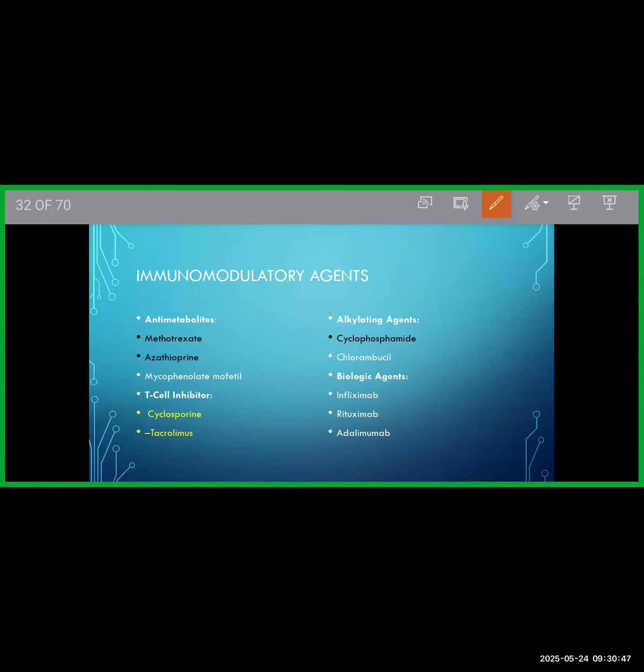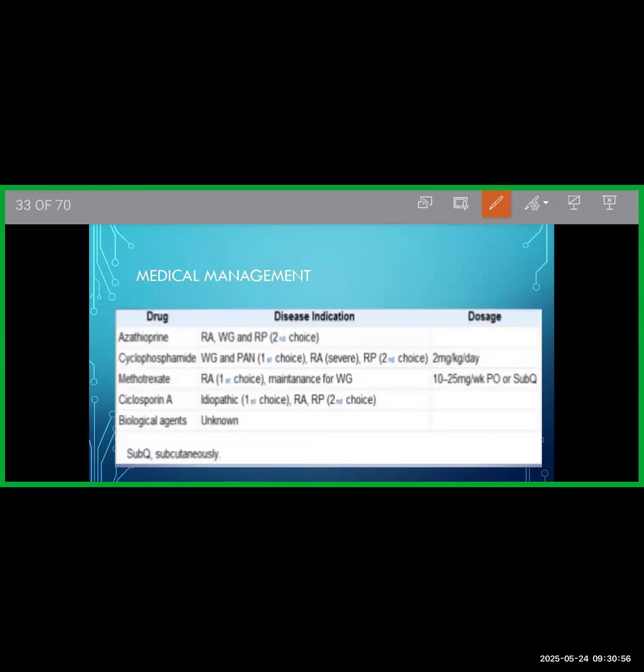However, the T-cell inhibitors can come in the form of topical medication, as in the cyclosporine and the tacrolimus. Now, the point to note here is that most of these immunomodulatory agents are being administered by the rheumatologist. They are experts in administering these immunomodulatory agents, and that is why PUK should not be managed in isolation.